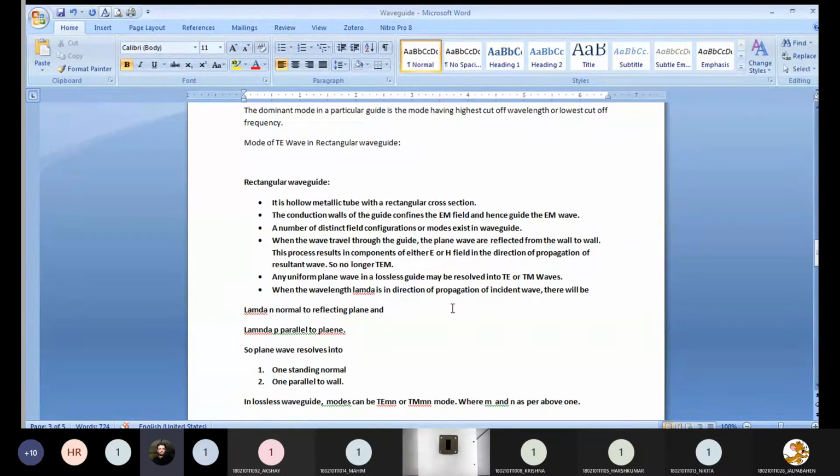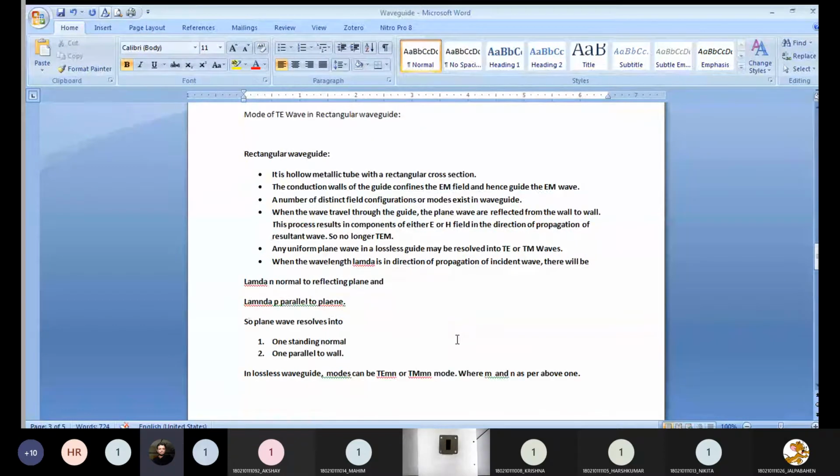In the same way, for the TM wave, the TM11 mode is the dominant mode. We will also derive why we have considered this one, but at this moment, please remember that TE10 and TM11 are the dominant modes in a rectangular waveguide. Please take care of these two very important and fundamental concepts of the dominant mode.